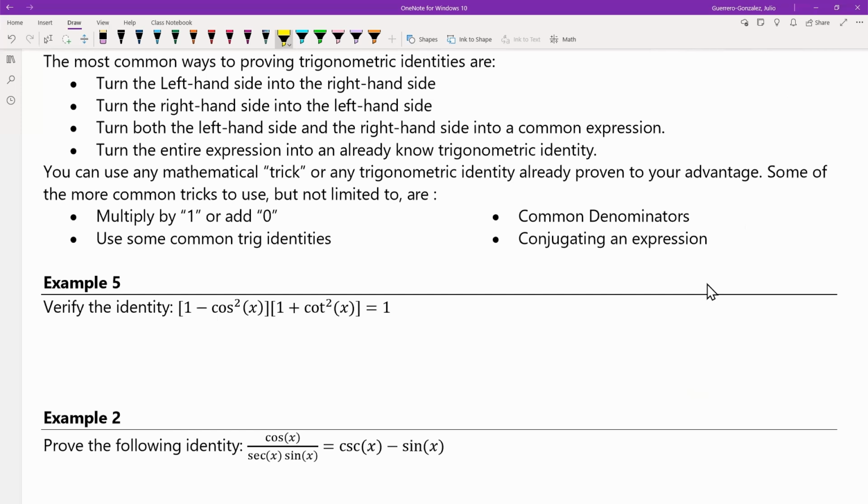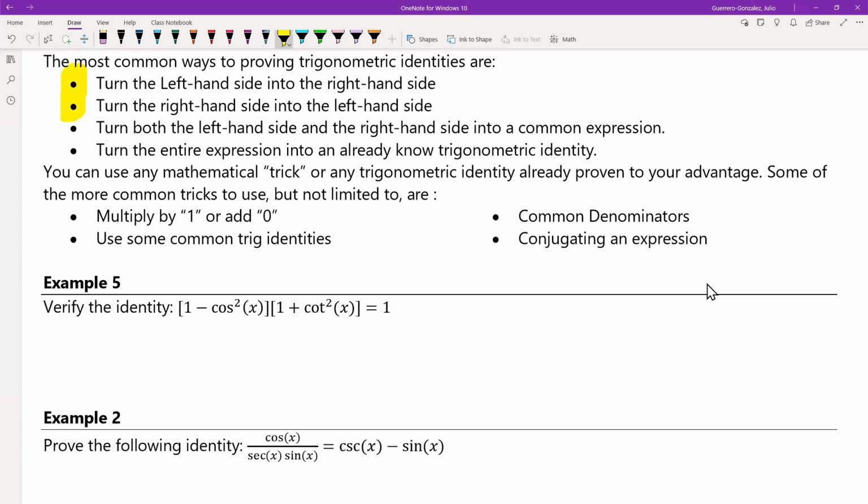There are 4 big rules. Okay, let me not say rules. There are 4, I guess, primary methods to show that one certain trigonometric identity is equivalent to another. Okay, the first one. Okay, and the second. Let me do first and second. Okay.